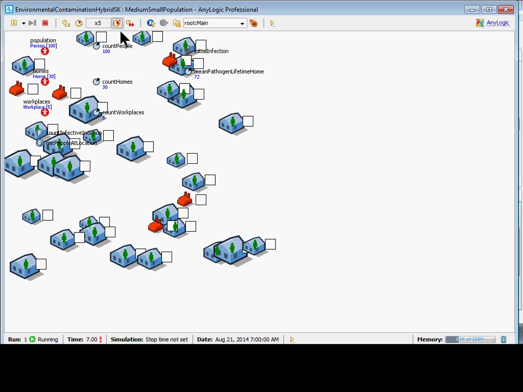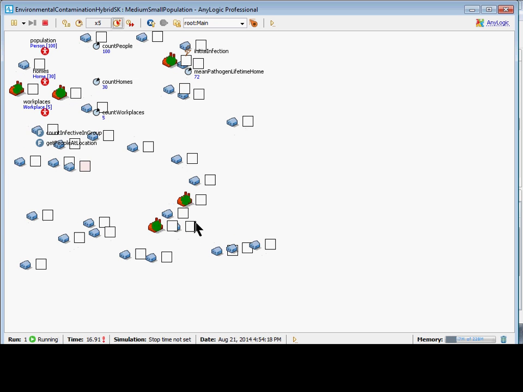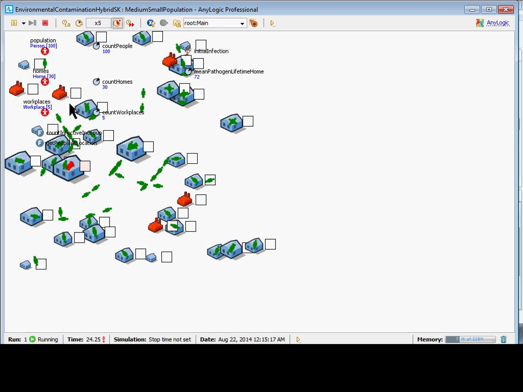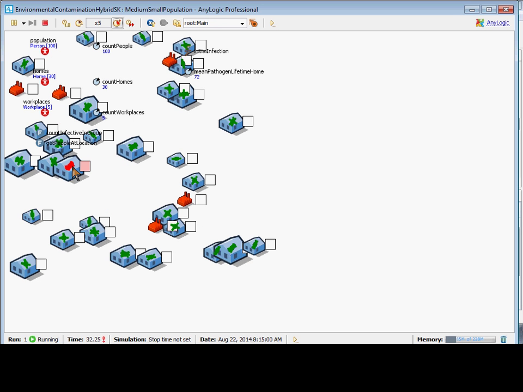So like here's a home with 2 people infected, right? And they're bringing it to each of their workplaces. Okay, this is actually another home. They probably got it through a workplace. And going back and forth to the workplaces serve as kind of these conduits of infection to additional homes.